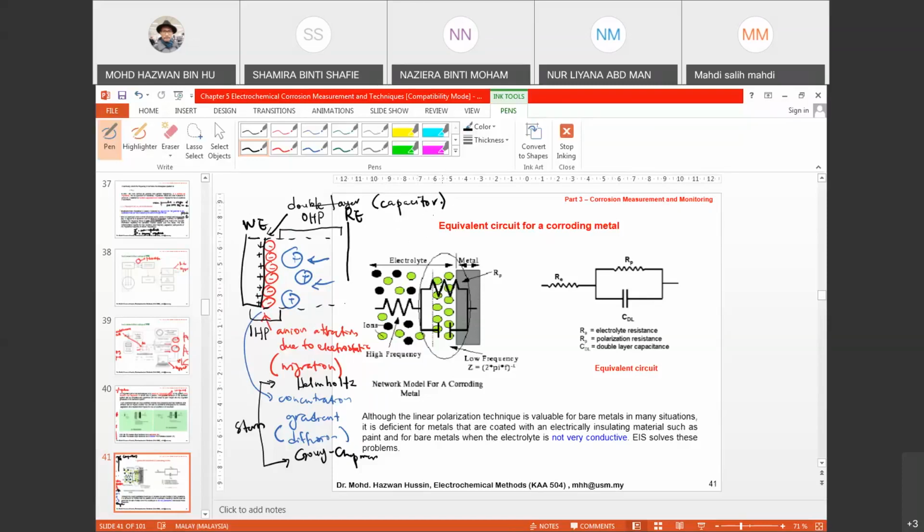So the capacitor is basically formed due to the double layer, and the charge transfer process will actually form a resistor effect.